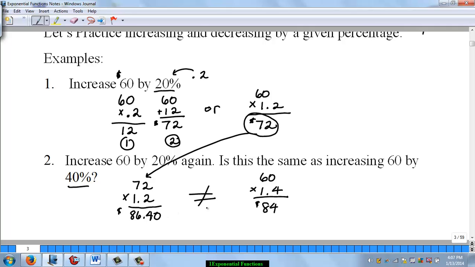And the reason is, after you take that 20%, when you take 20% again, you're taking it on a higher number. You're taking it with the 72. So you're actually increasing it a little bit more because you're taking the second 20% on $72, which is a higher number. So no, they're not the same. You're like, okay, that makes sense.